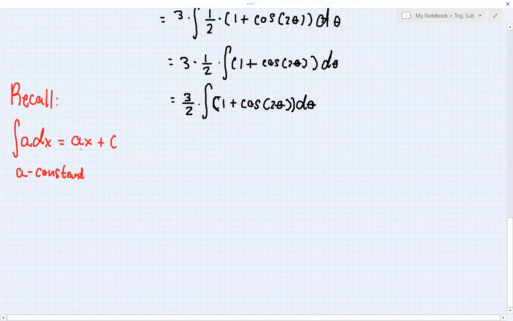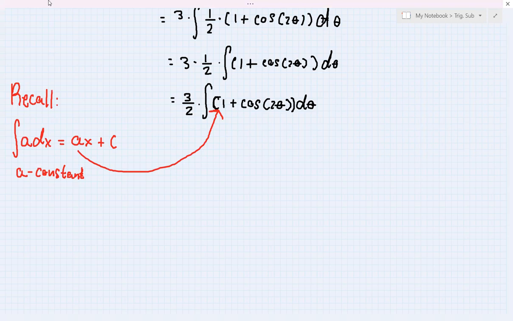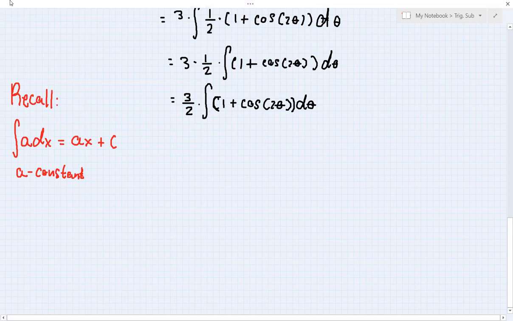Bakit ko to ni-recall? So, bakit ko to ni-recall tong formula na pang-integration? Kasi ito, para kay 1. Kasi 1 is a constant term. So, ito gagamitin natin formula. Okay? Yan ang gagamitin natin yan. Okay guys ha? This one, itong si A na constant term, yan ang gagamitin natin dito sa 1.